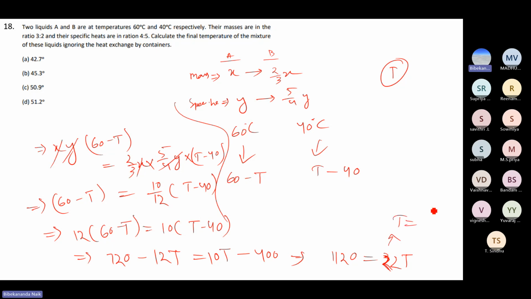So if you solve, T will be 1120 by 22, so it will come around 50.9. So T is 50.9. So the correct option is option C. Is it clear to all of you? Okay, so let's solve the next question.